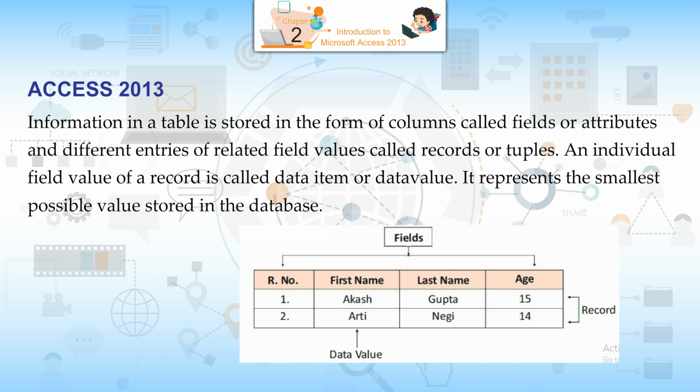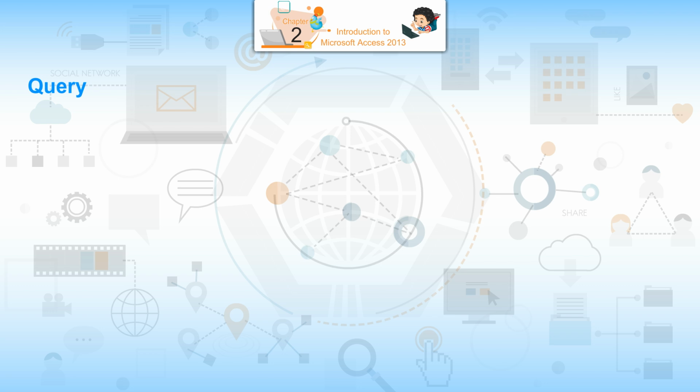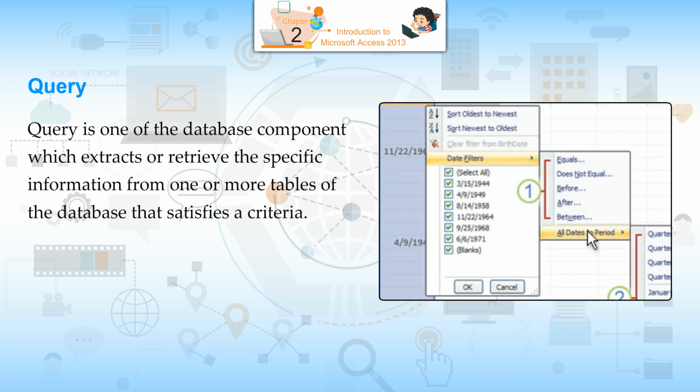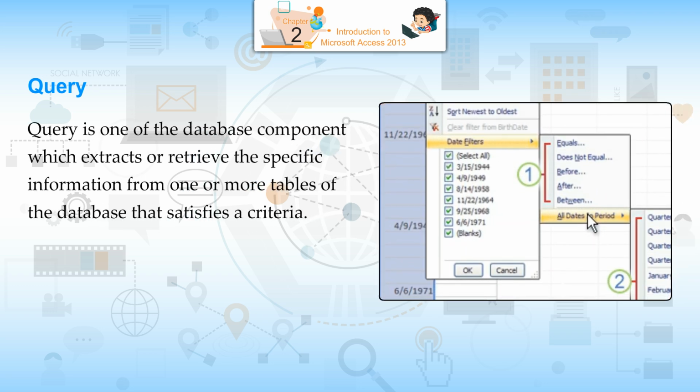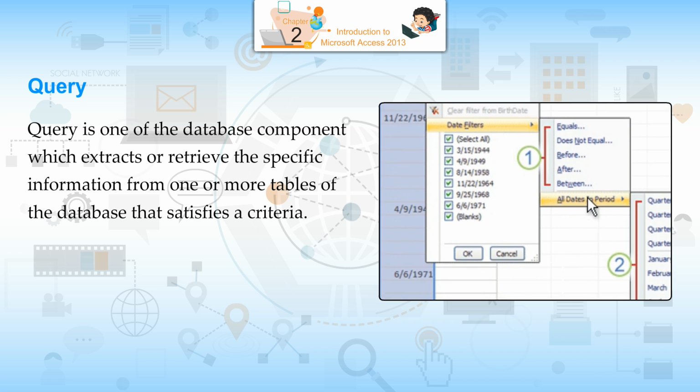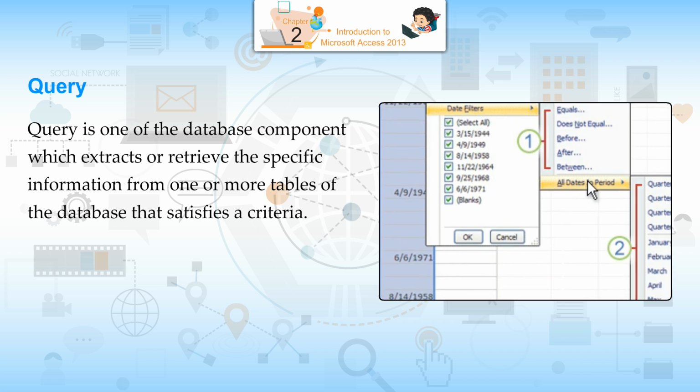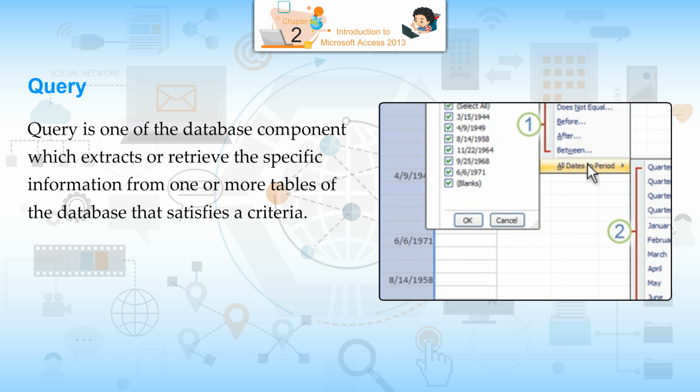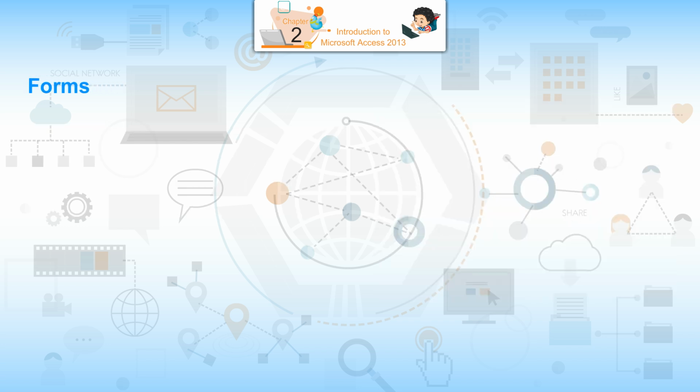Fields: reference number 1, first name Akash, last name Gupta, age 15. 2, Aarti, Negi, age 14. Record. Data value. Query: a query is one of the database components which extracts or retrieves the specific information from one or more tables of the database that satisfies a criteria.